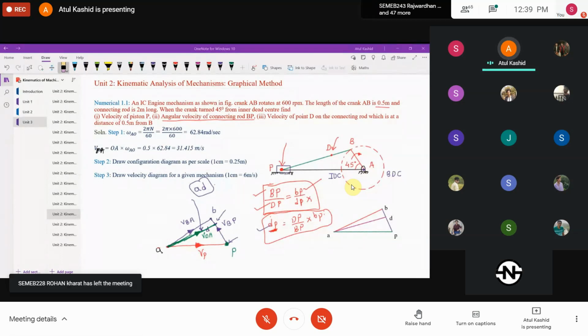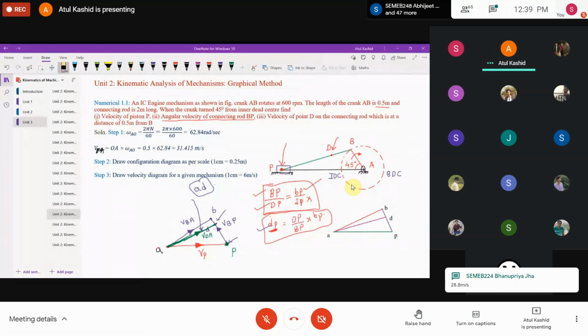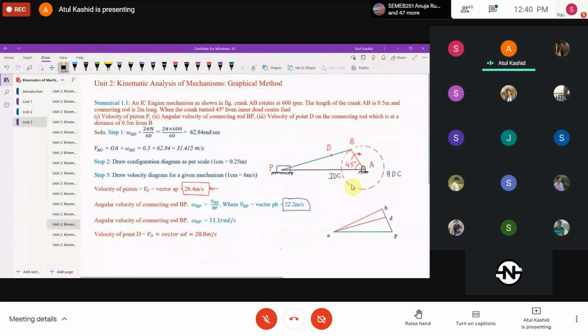Yes, please reply for the velocity of point D. I'm waiting for the answer. 28.8. Okay, just check. So the answer is correct. It is 28.8 meter per second.